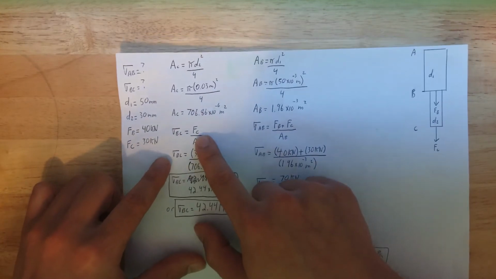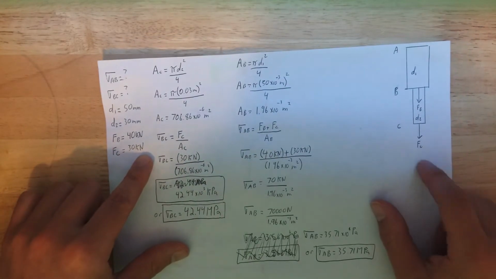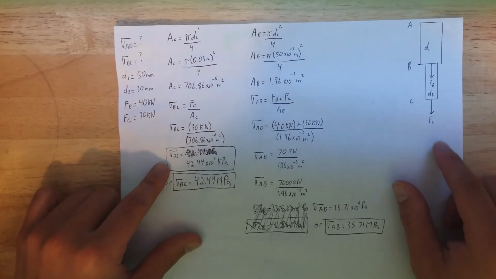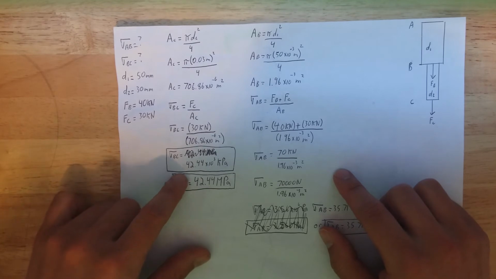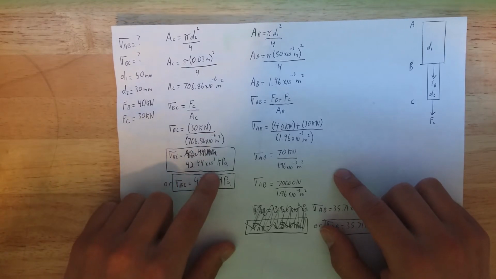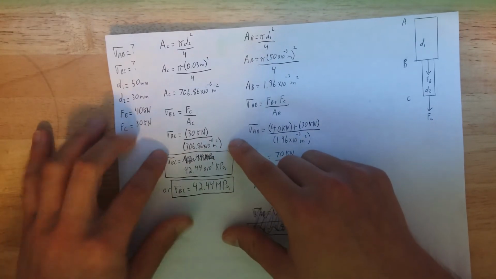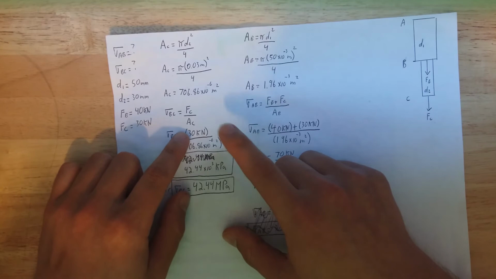So first thing we do, FC, which is 30, which is this force here acting, over AC, which is what we solved earlier, will give us the stress. I made a little mistake there. So it's 42.44 times 10 to the power of 3 kilopascals. A little note here on what I'm doing. So I have a kilopascal and I have a meter.